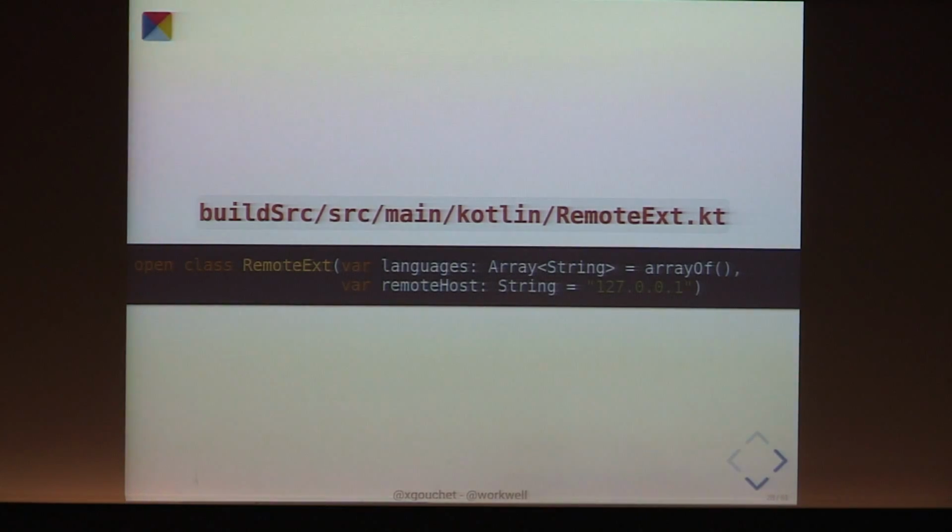So we're going to create an extension. An extension is basically a data class, or kind of a data class, but we need to make it open. And it's going to have everything that we want to configure. So again, we're going to have the different languages we want to download and the base URL for the remote host, because we want to configure it, of course.